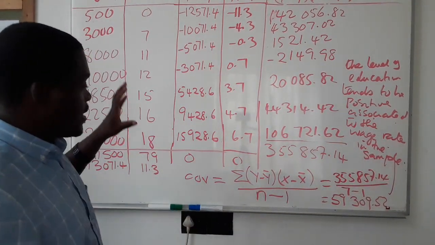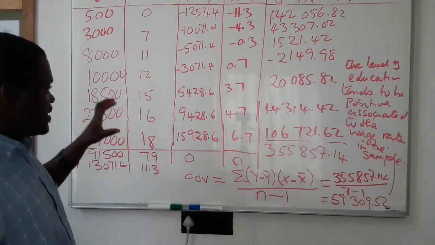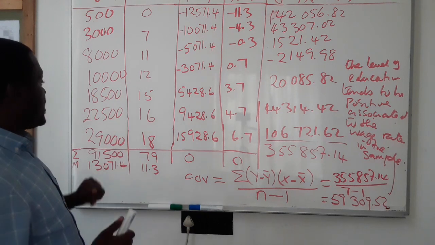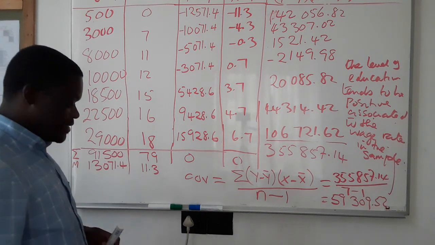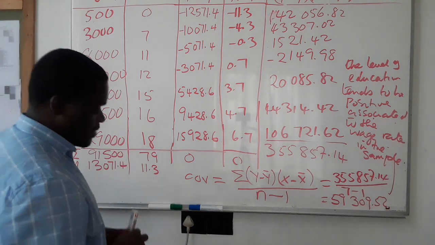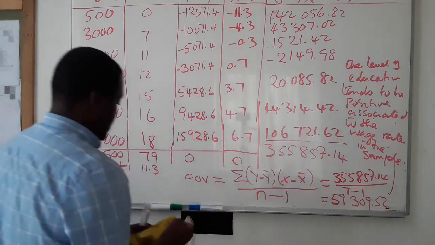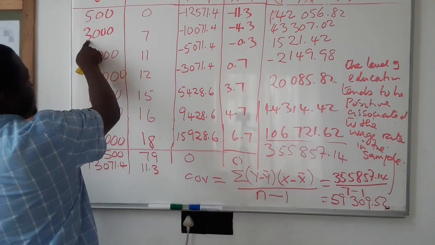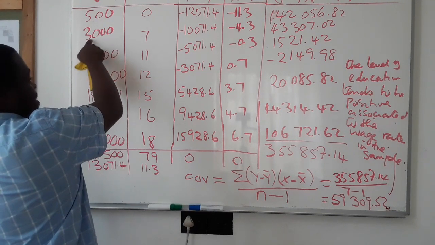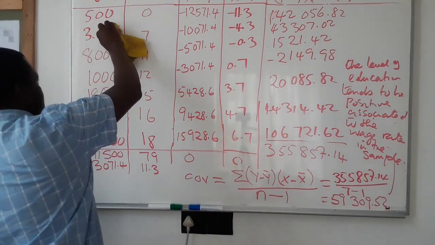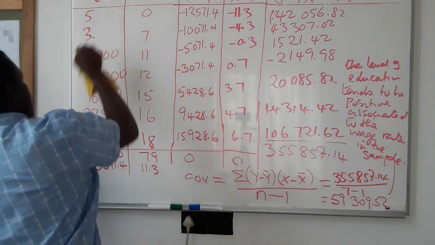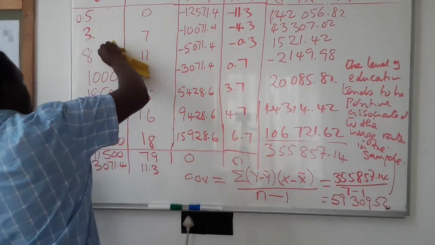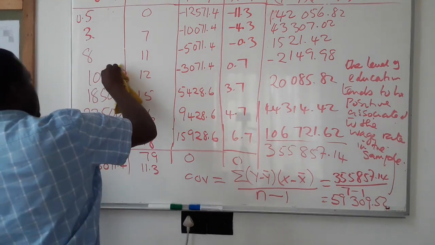Now, the covariance is very sensitive to the scale of measurement. In economics, sometimes instead of me presenting these numbers as big as they are, I might present these in rand in thousands, so that these zeros are not there. This becomes 0 point. This becomes 8 only. This becomes 10 only.